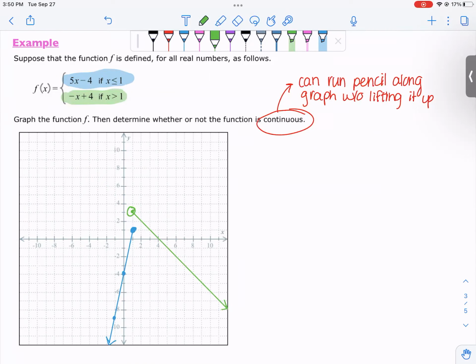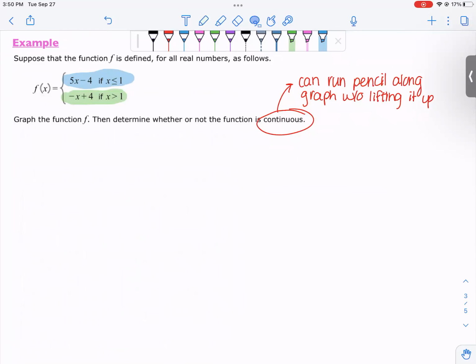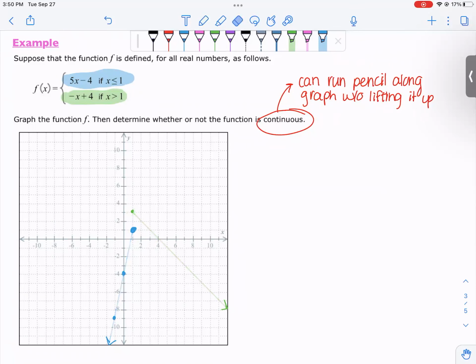Now, if you wanted to do this the more proper way, and I can delete all this. Oh, no, I cannot delete all that. It's going to get mad at me. The more proper way of doing this is to plot points at each of what we call breaking points, where the function breaks up.